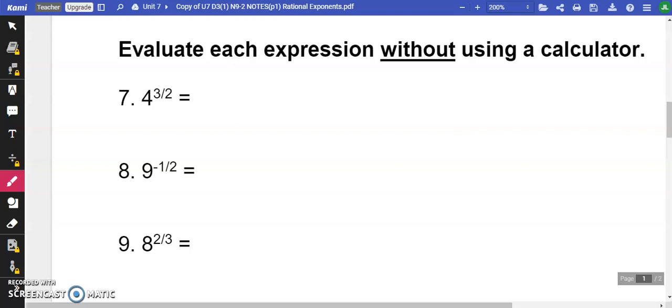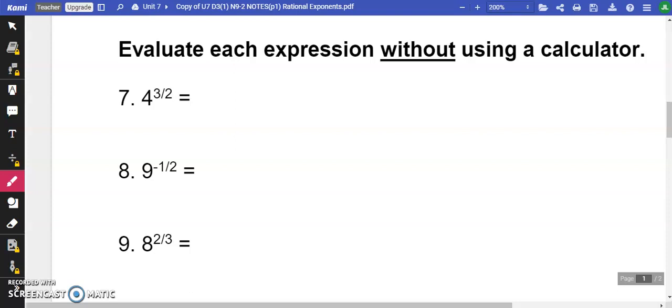So when we are evaluating, we can decide which one we want to do first, whether we want to do the root or the power. I will do the root first because I find it easier to work with the smaller numbers. But if you would rather do the exponent first, that's also okay.